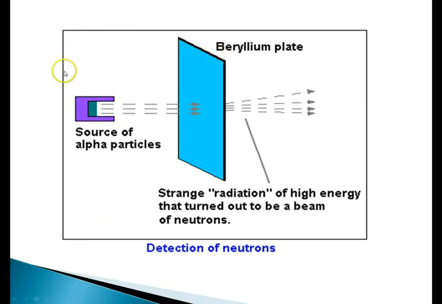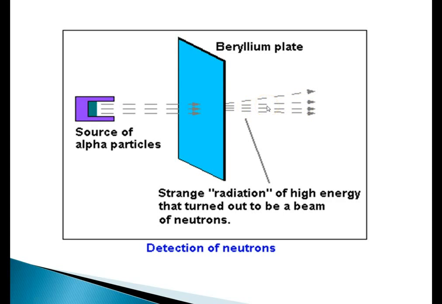Here's an illustration. We have a source of alpha particles. Alpha particles are simply loose protons from a radioactive source, some radioactive material decaying. Aimed at a plate of beryllium, the protons actually replaced neutrons, and the neutrons were set free as a beam of radiation with no charge.